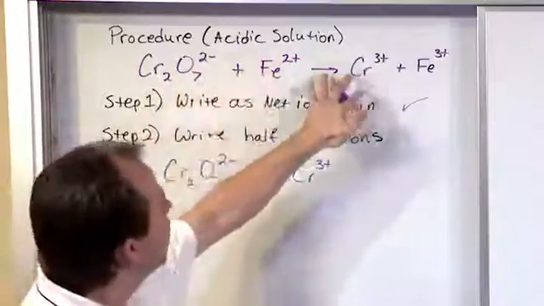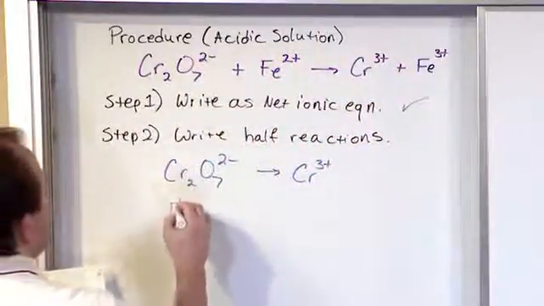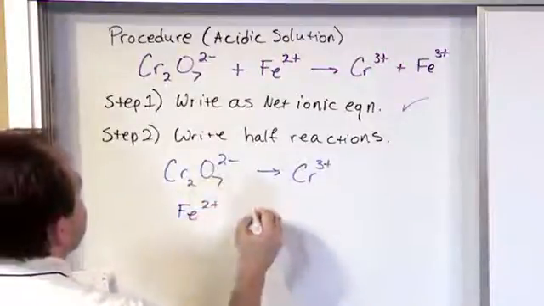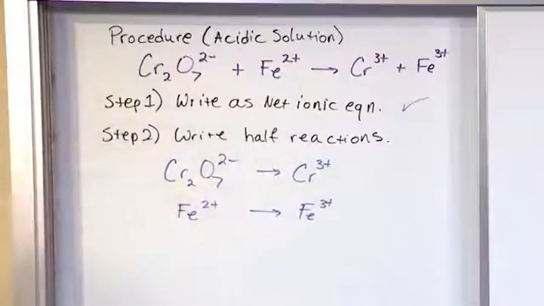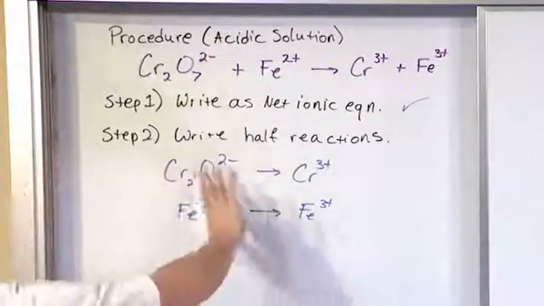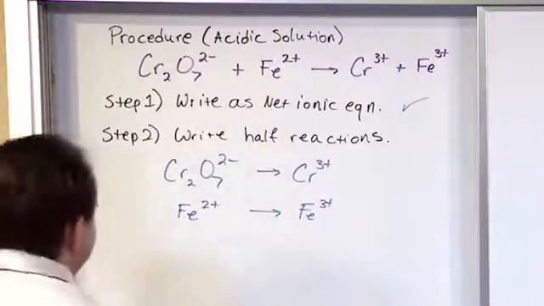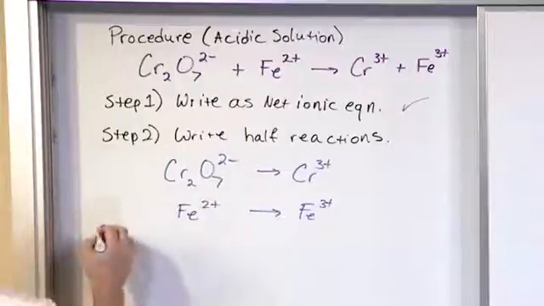This is going together. These guys here are going together. So these are the 2 half reactions. So let's write iron 2+ going to iron 3+. So these, for the purpose of this procedure, are the half reactions. It hasn't encompassed any electron transfer, but those are the half reactions. We're writing it down into every little tiny step. So step 3.